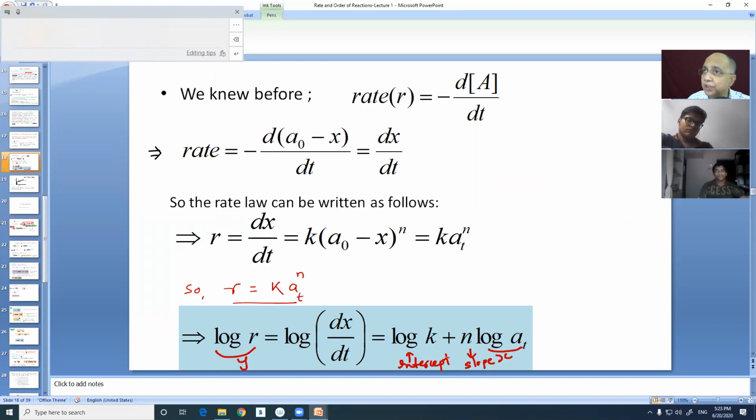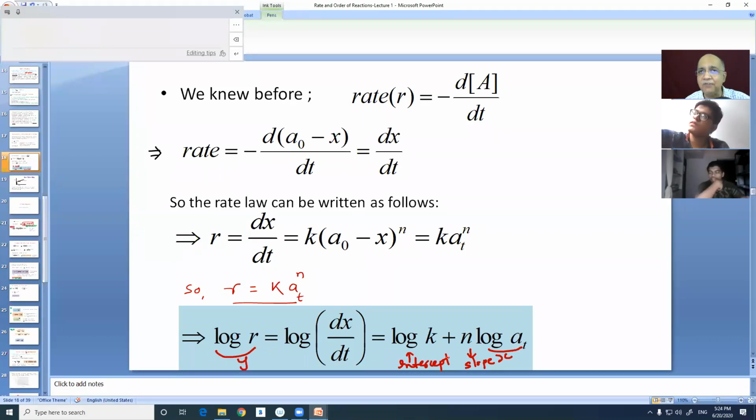R we can know because we previously know how to measure the rate at different time instants by drawing a graph of reactant concentration with time, or the graph of product concentration versus time.